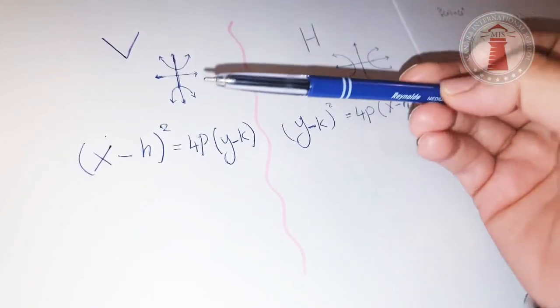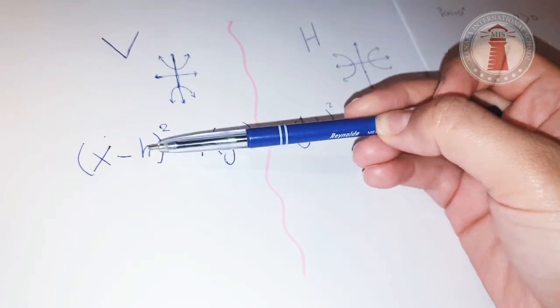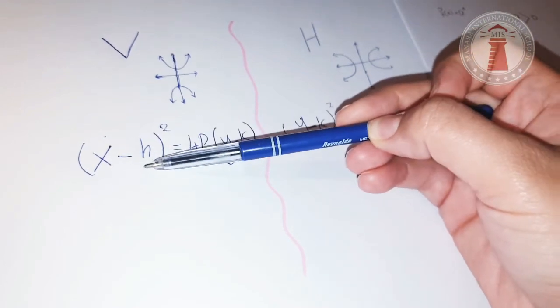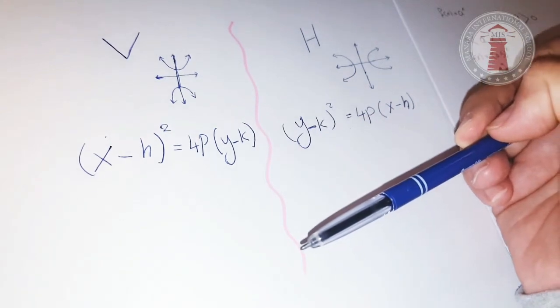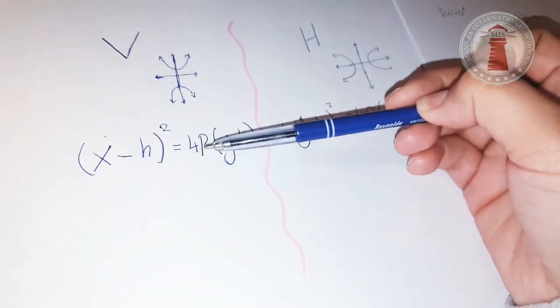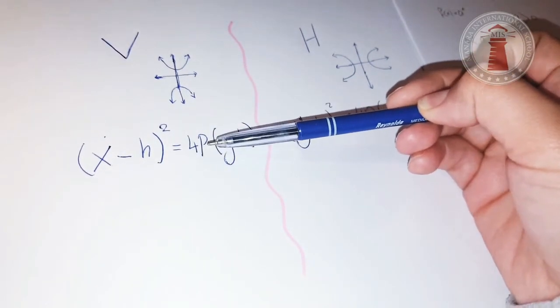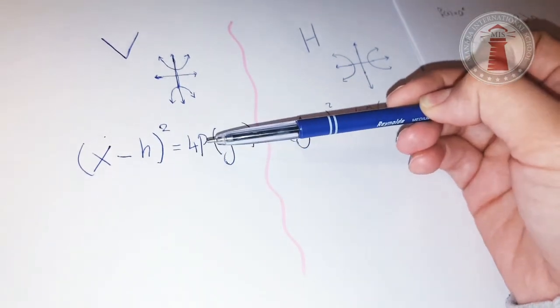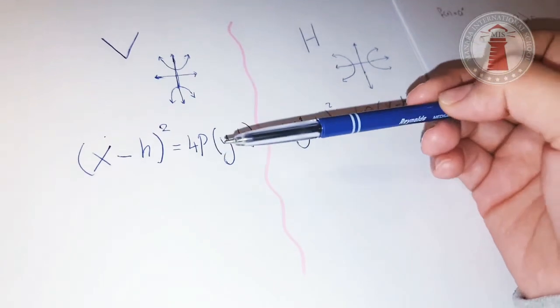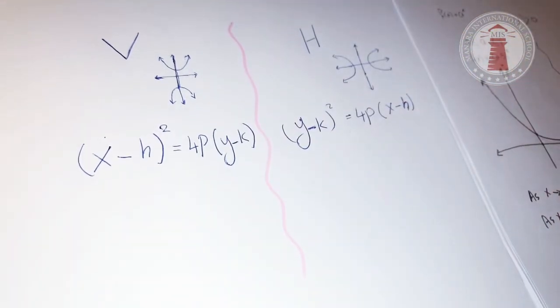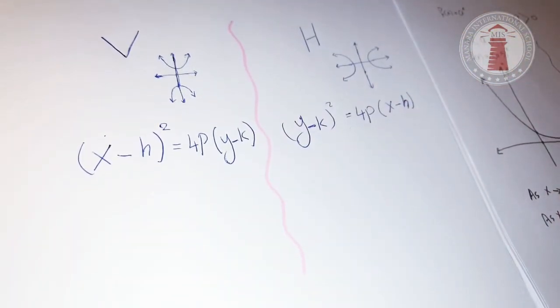We already mentioned h, which is the amount shifted in the x-axis, k, which is the amount shifted in the y-axis, and p, which represents the distance between the directrix and the vertex.